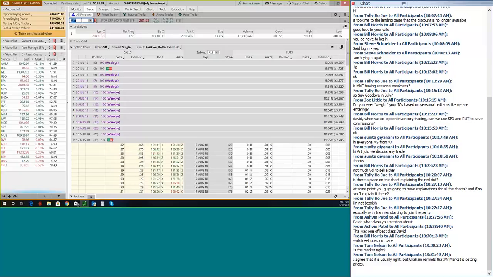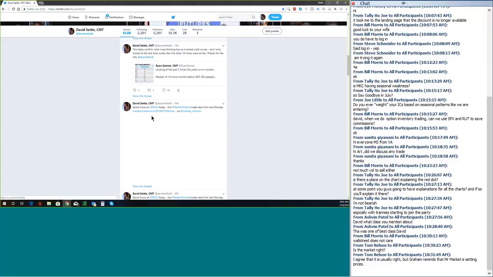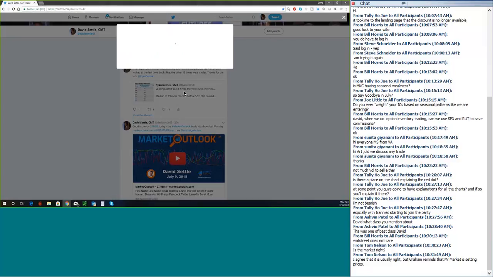Especially the bond market. The bond market's another thing. The bond market does say to anticipate a recession, right, with the inverted yield curve. The problem is that recession usually comes, what was the data? I retweeted this out from Ryan Dietrich.